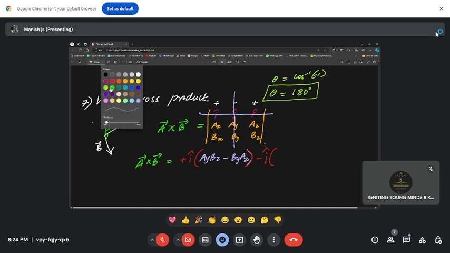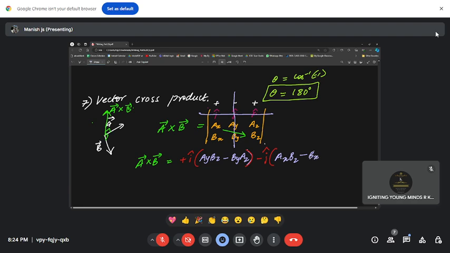Two different elements, AX, BZ. As you go downwards, take the product, so you write AX, BZ. As you go upwards, subtract and then write down the product. So minus BX, AZ. Done. And then you close the bracket. So that's how you do it for the second term.